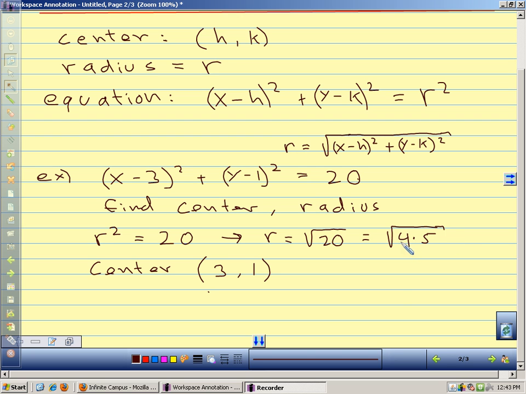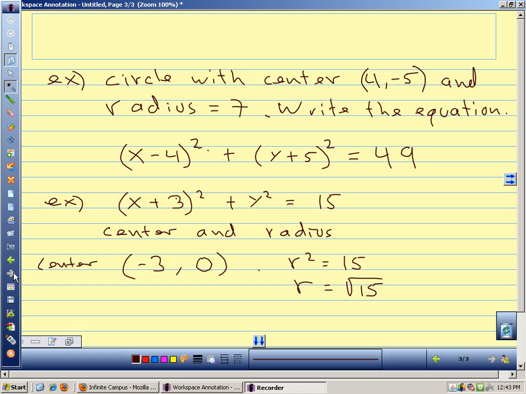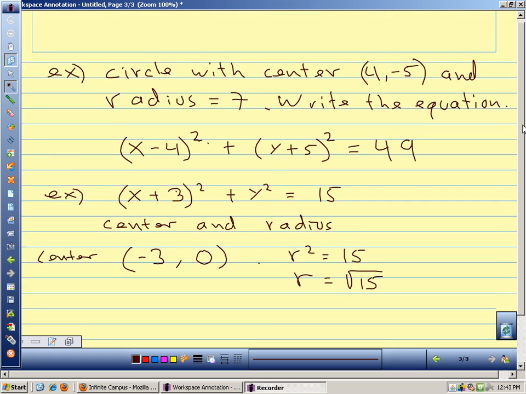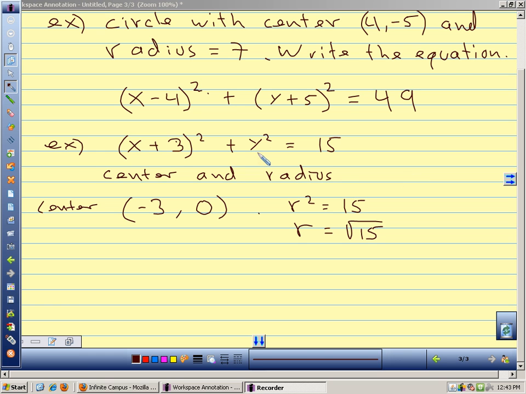Square root of 4 is 2, so I take that out, so that's 2 square root 5. Does that help? Okay. So when there's no number with the x or the y, then that coordinate of our center is 0. We're not adding or subtracting anything, so that's a 0.